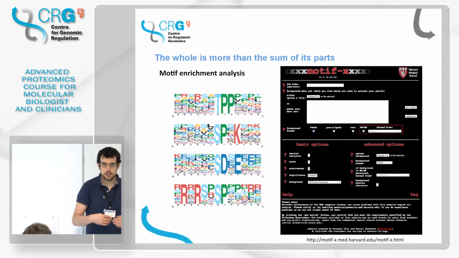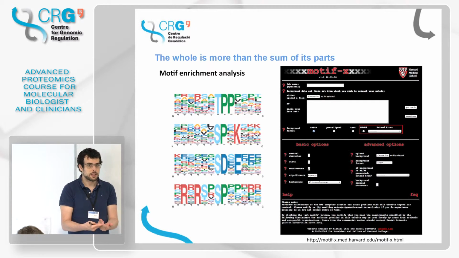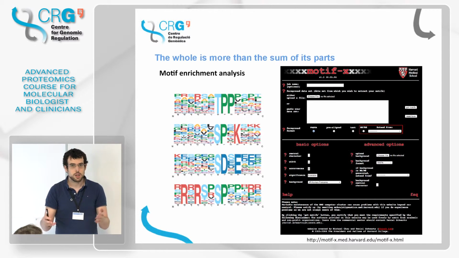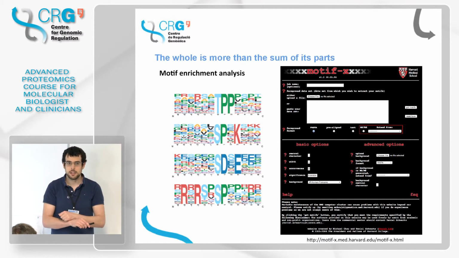So I induce, for example, or I inhibit or I activate a kinase, and then I check the phosphopeptides. And my question would be, all the phosphopeptides that are changing, do they have any motif in common? And if yes, can I associate this motif to particular kinase activity?